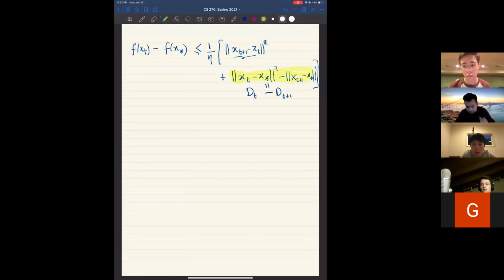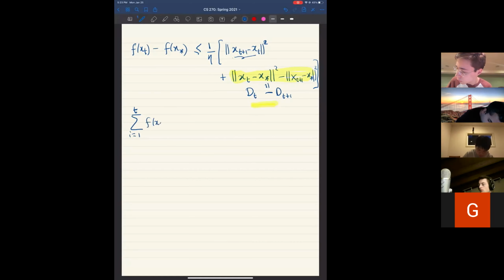The good thing about these differences is that if I add it up over different values of t, they telescope. So if I take this inequality and add it up over all values of i equal to 1 through t, what do I end up with?